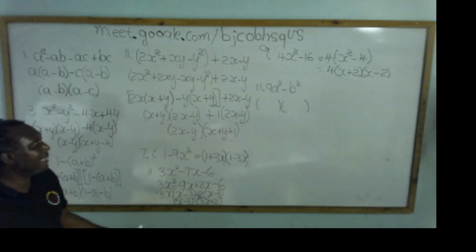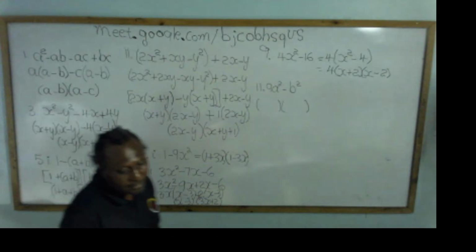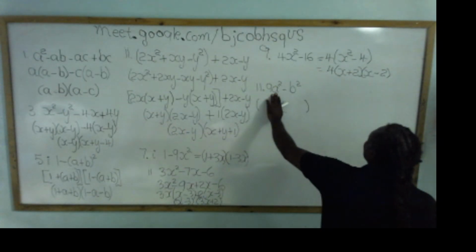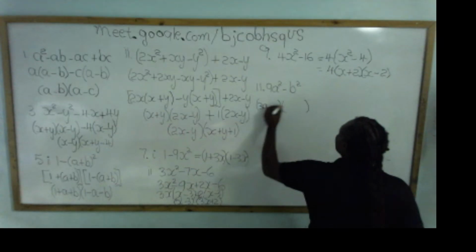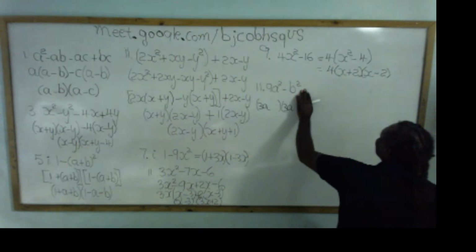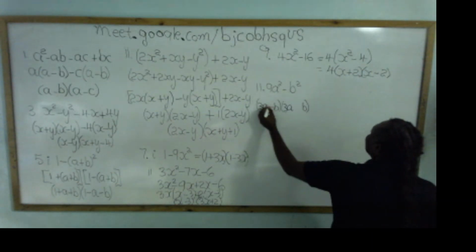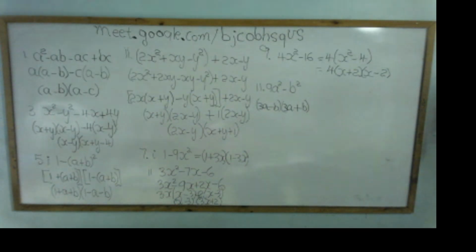Of course, there's another difference of two squares that you have right there. So the square root of 9a squared will go there. The square root of b squared will go there. Put the negative sign first. It doesn't matter which one I put first. The product will be the same.